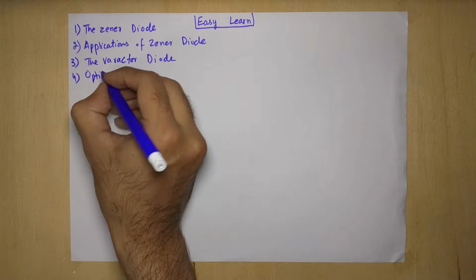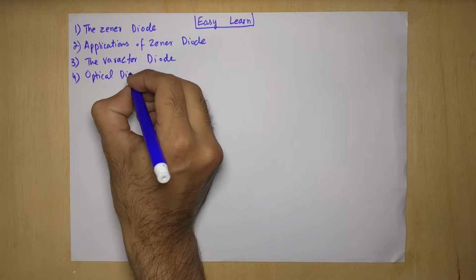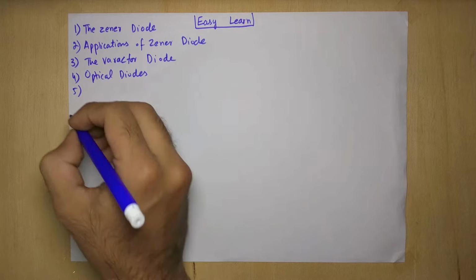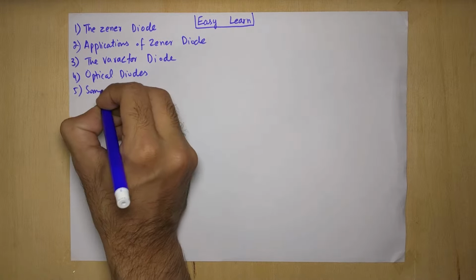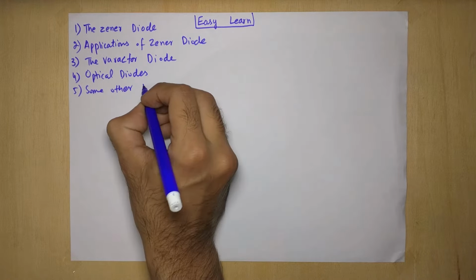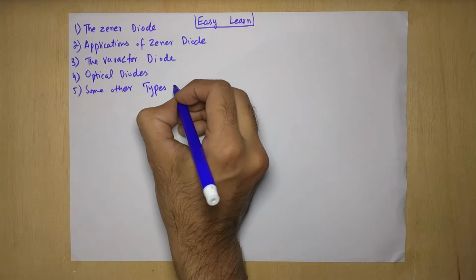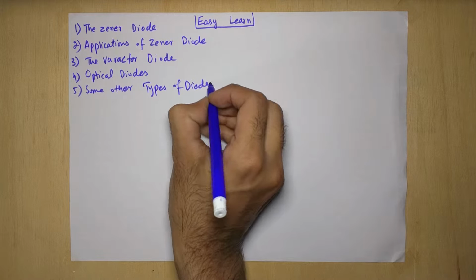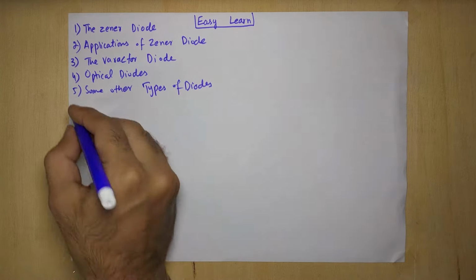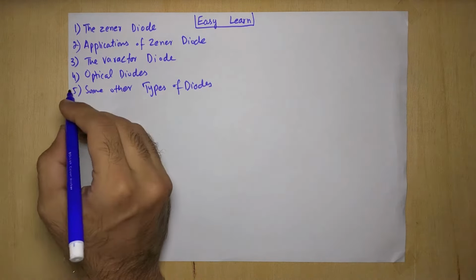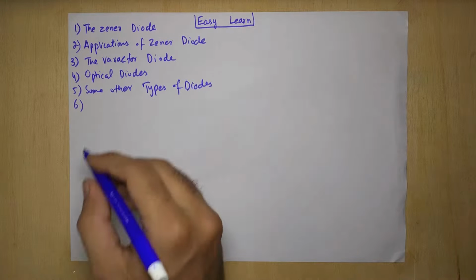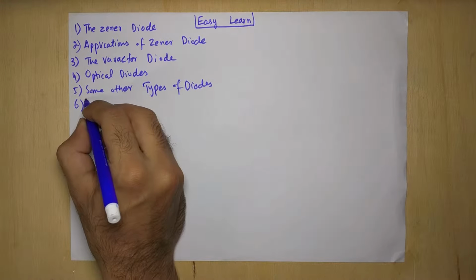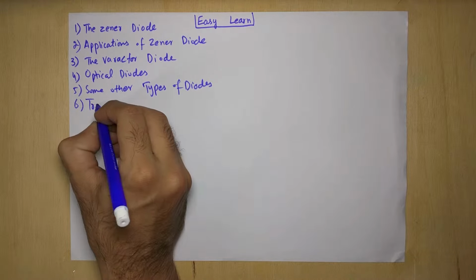And at the end I will also focus on some other types of diodes. And at the end of this season, if time is available, depending upon the time, I'm not sure, we will also discuss troubleshooting.